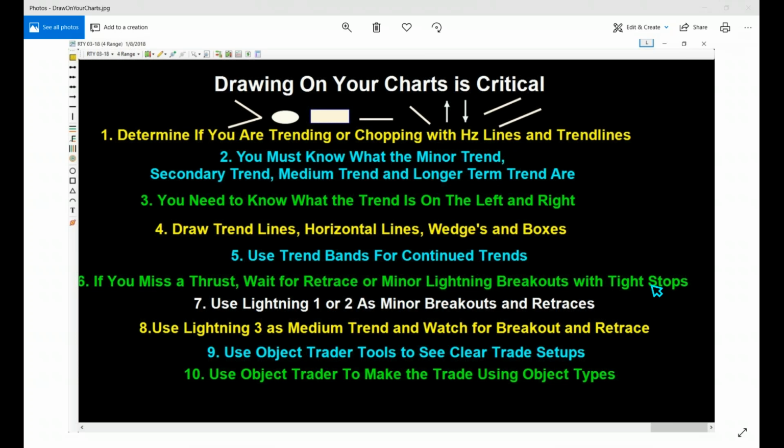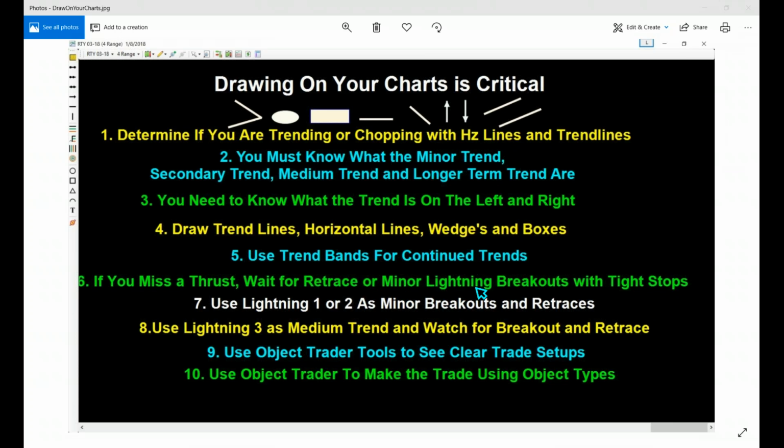I don't miss a thrust a lot of times. If I get up at 5 o'clock in the morning and they're heading down on, for instance, crude oil, I may just hit a market order and take a quick chance on it. And if they decide that's the moment they're going to retrace, I kill it. That's really important, because you could miss a 50 tick move. You just don't know.